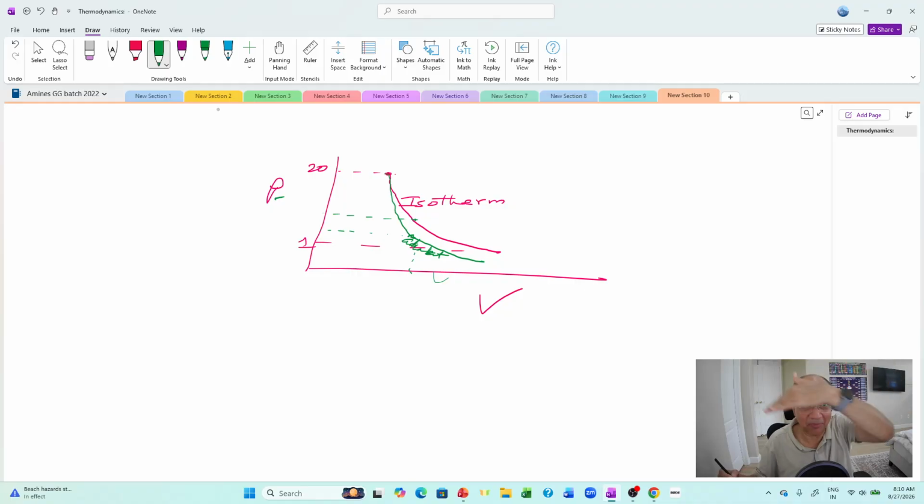The area bound by each curve will give the reversible work done. The red one below that is the reversible isothermal work done, and the green one below that will give you the adiabatic but reversible. Both are reversible.